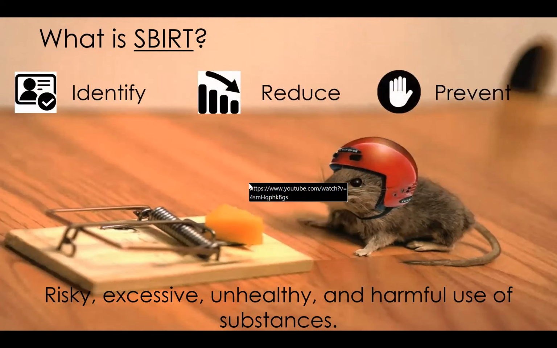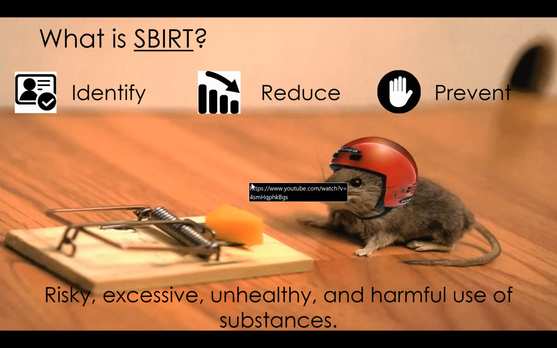So SBIRT helps us identify some of the concerns that our students may experience. Again, alcohol and other drug use, mental health concerns, and even risk for suicide, gambling, and there are also screening tools to address other issues that students may face. And they can be delivered through SBIRT in the same way as I'm going to show you today.